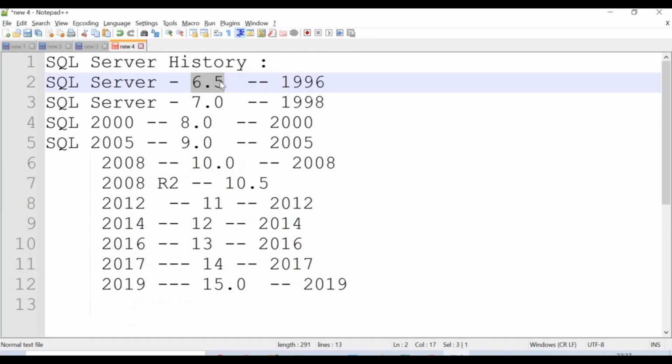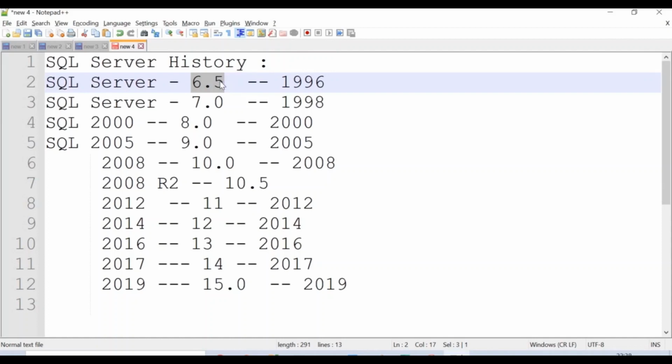SQL 2016 is version 13, released in 2016. The next version is SQL 2017, version number 14, in 2017. The next is SQL 2019, which is running now and has many more capabilities, with version 15.0, released in 2019.